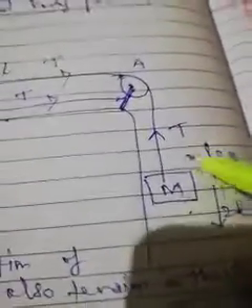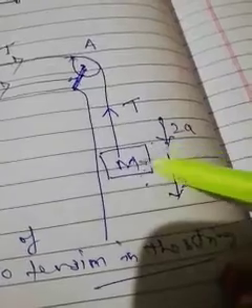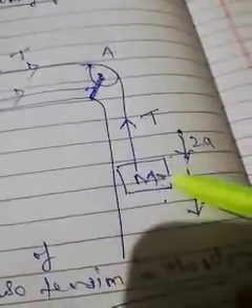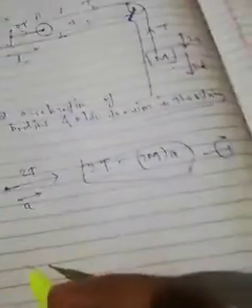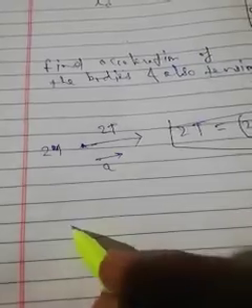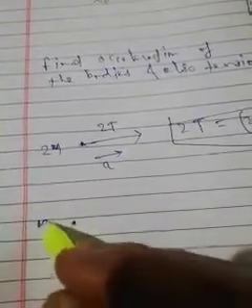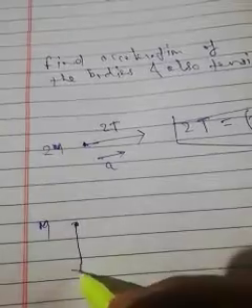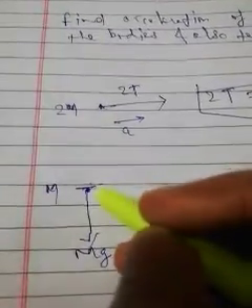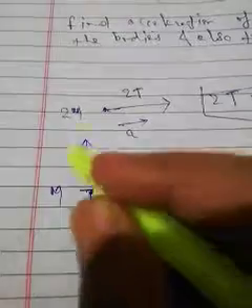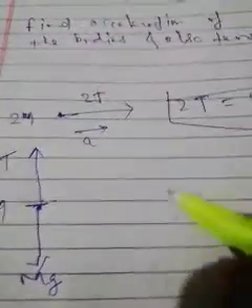Now let us talk about this body. This body is moving with acceleration 2A, so mg is acting downward and tension T is acting upward.